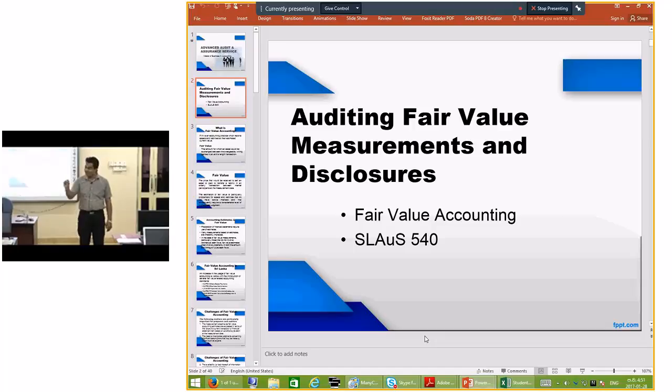Then the reader can understand that, based on these assumptions and these facts, the management has prepared the financial statements. Therefore, make sure the proper disclosures are made in the financial statements, right? That is very important from the auditor's point of view, in the case of accounting estimates and fair value.